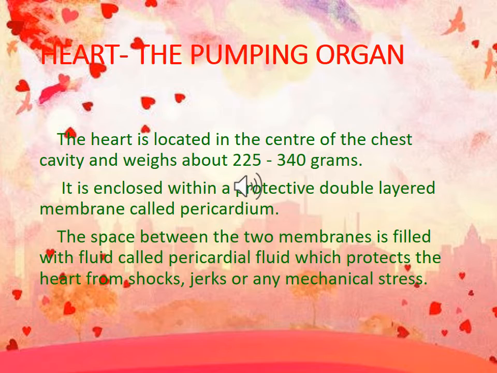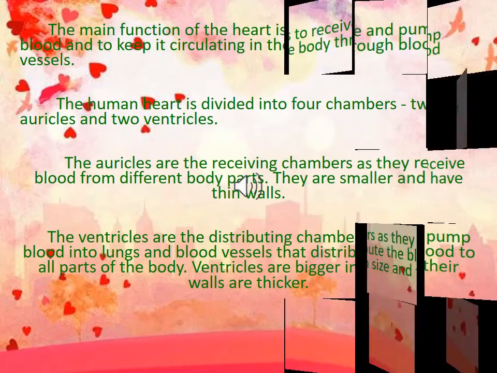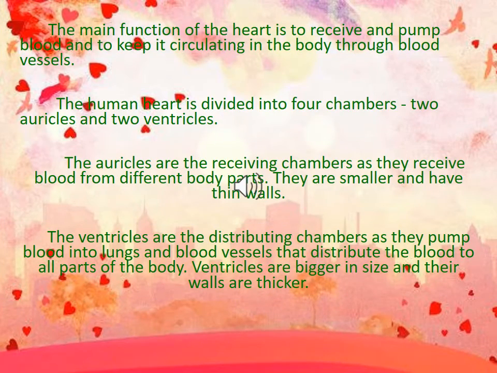Now the space between the two membranes is filled with fluid called pericardial fluid which protects the heart from any shocks or jerks or any kind of mechanical stress. The main function of the heart is to receive and pump blood and to keep it circulating in the body through blood vessels. These blood vessels are arteries, veins, and capillaries.